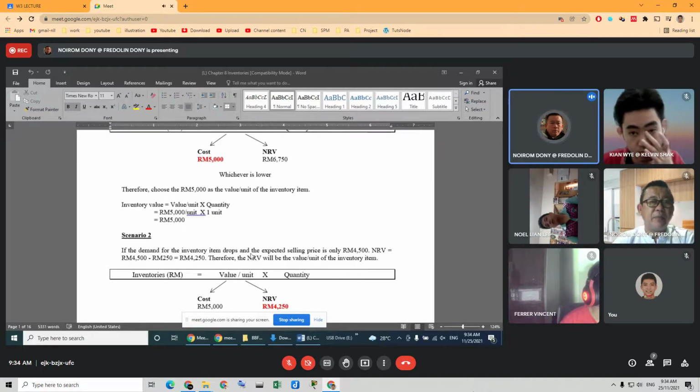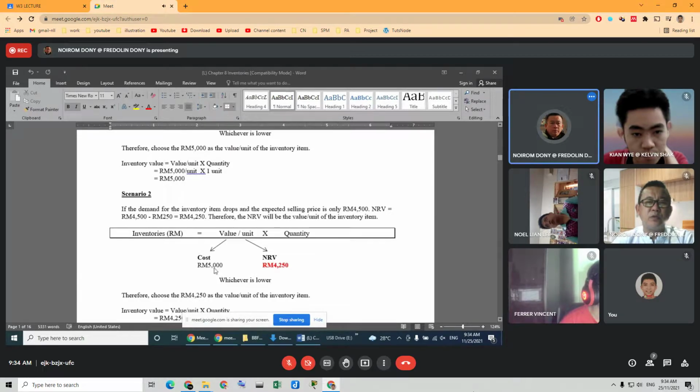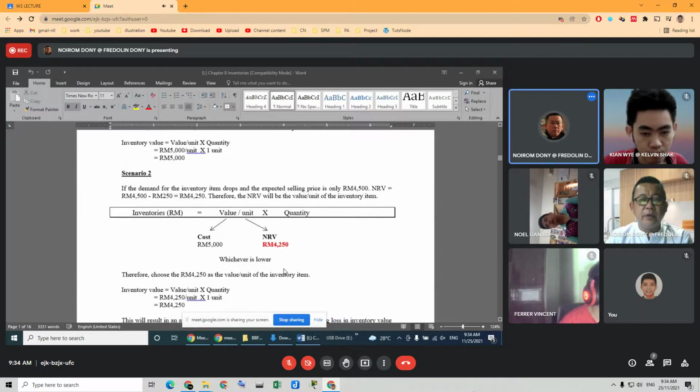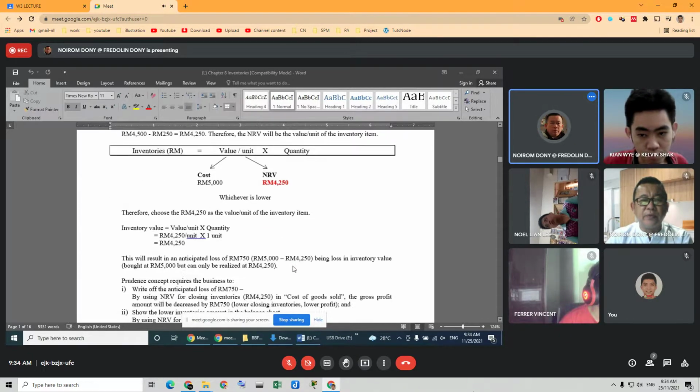Because according to the prudence concept, the anticipated losses should be written off immediately. So how do we write it off? Don't worry, just use the NRV as the value of inventory. You are writing it off already. That is why instead of using the cost of 5,000, we value the inventory at 4,250.